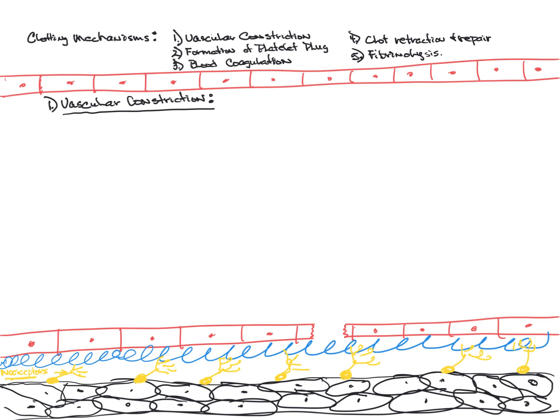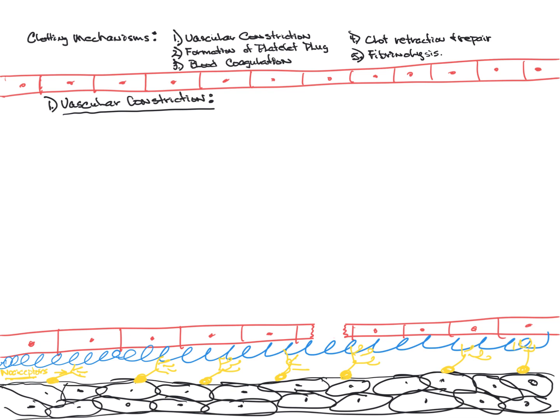And you remember from the studies we did on things that cause vasoconstriction and vasodilatation, there was a thing called endothelin that was produced by the endothelium, and it causes vasoconstriction. And that's what's going to happen here.